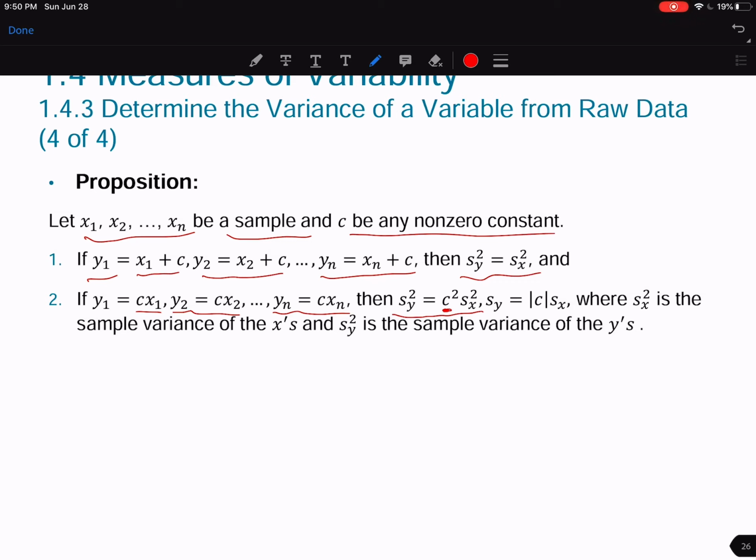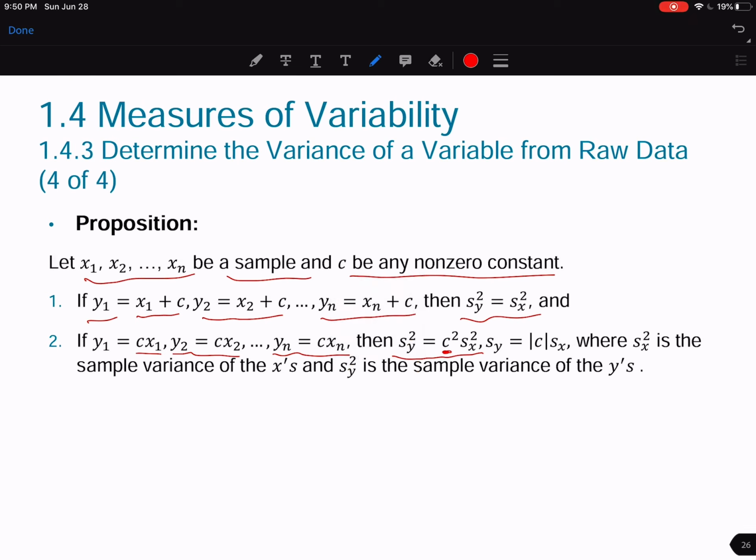And then of course, the standard deviation of y is going to be equal to the absolute value of c times the standard deviation of x. It's because, just in case c is negative, we know the standard deviation is always positive.